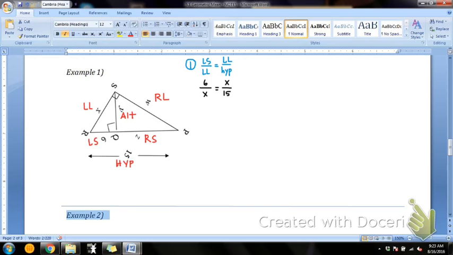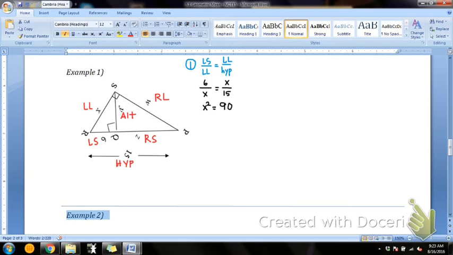And can we solve this now? You all should have your calculators. If not, go grab them, please, quickly. So I get x squared equals 90.